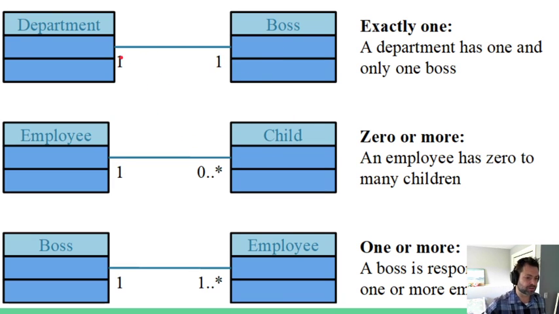So this is the multiplicity thing that I was talking about. This is where you add numbers on the line close to the class or close to whatever object we're modeling, right? So if we have a department, for each department, there can only be one boss. For each employee, you can have 0 to any children. So this asterisk is important. Basically, this is your range that you would set up, and the asterisk is to any.